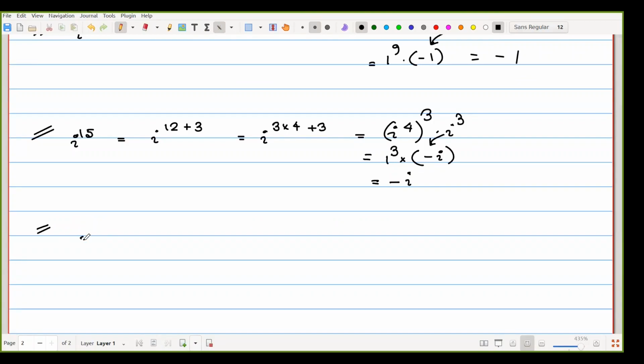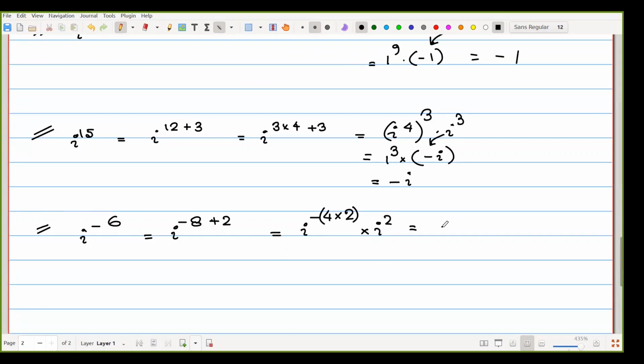Next one, suppose i to the power minus 6. Now the power is negative. So what happens? Here we are writing it as i to the power minus 8 plus 2. That means to the power minus 6. So it can be written as minus 4 into 2, or minus 2 into 4, into i square.